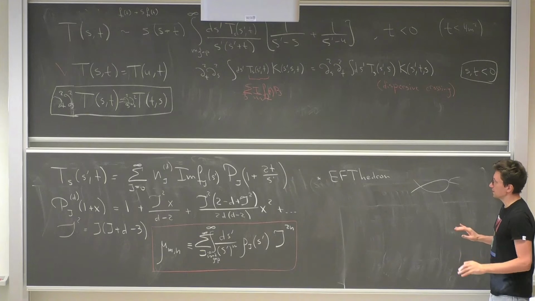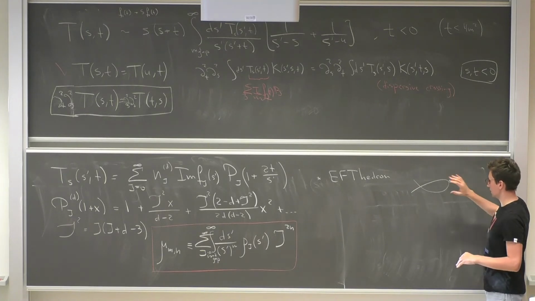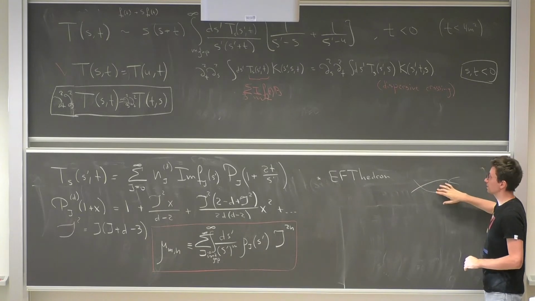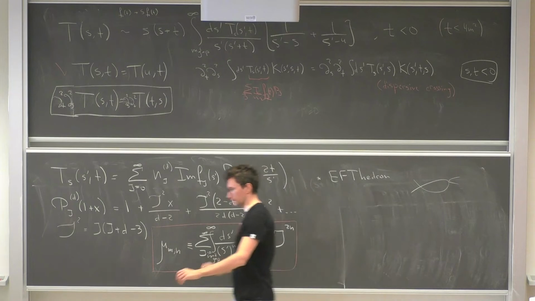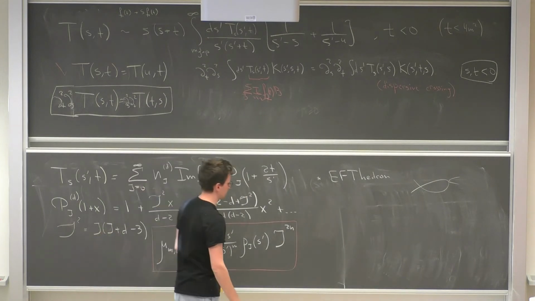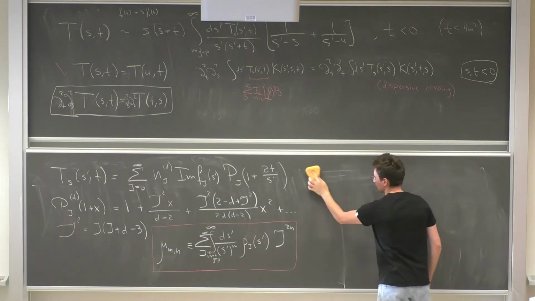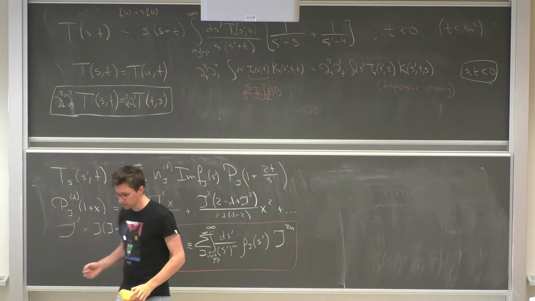So what people did, in fact, was to impose dispersive crossing, again getting rid of these massless particles. Now, if we want to take into account massless particles, we have to deal with this equation, which, I think, hasn't been done. But now let's go back to our simpler problem, which is a tree-level EFT.